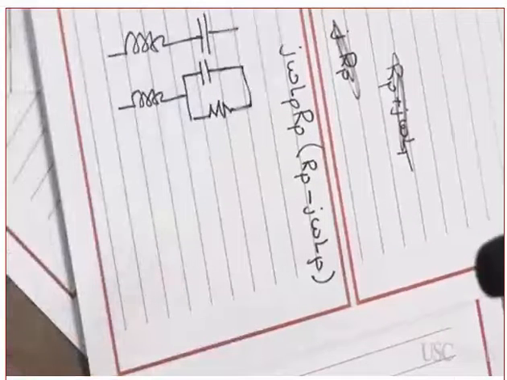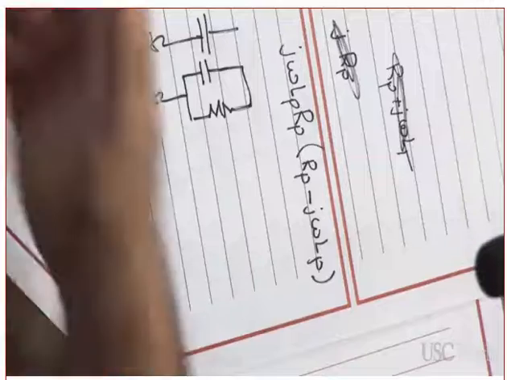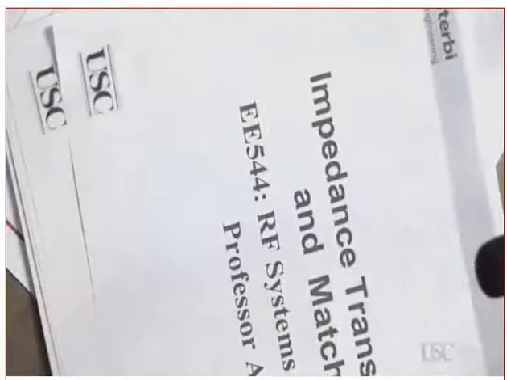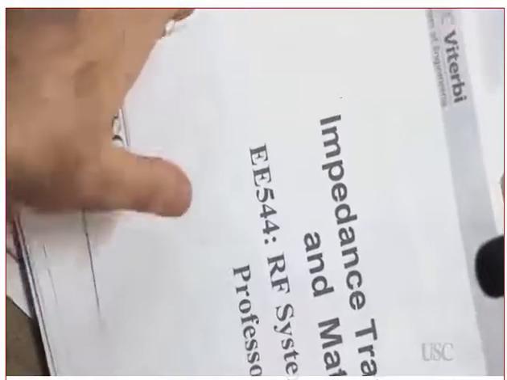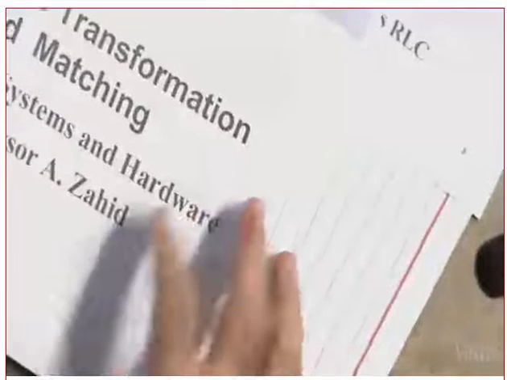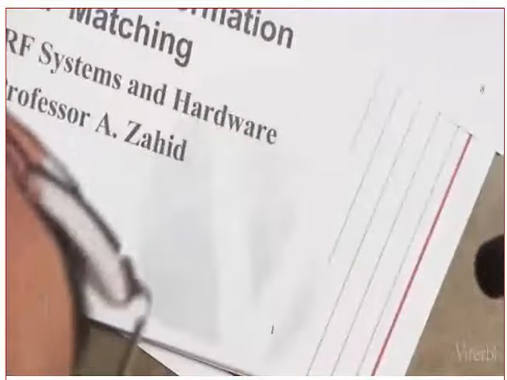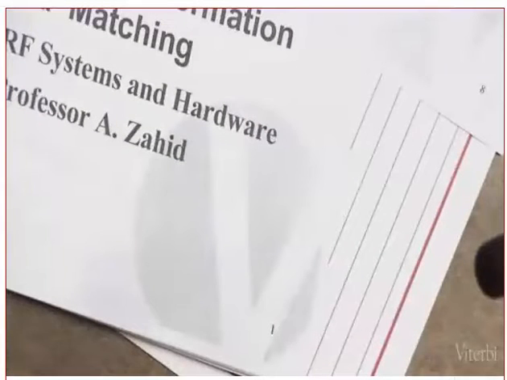Okay, now, next. I'm going to discuss the impedance transformation and matching. Here, as we will see shortly, the transmission line itself can be used for impedance matching purposes. But we have not discussed the transmission line yet.